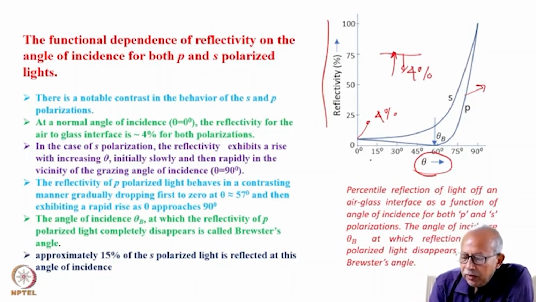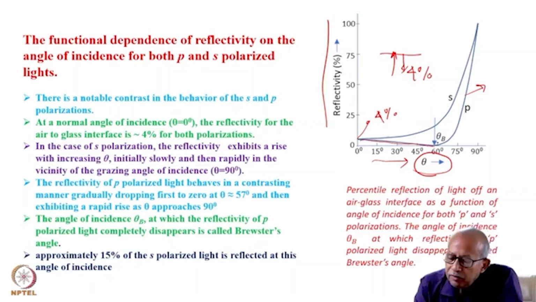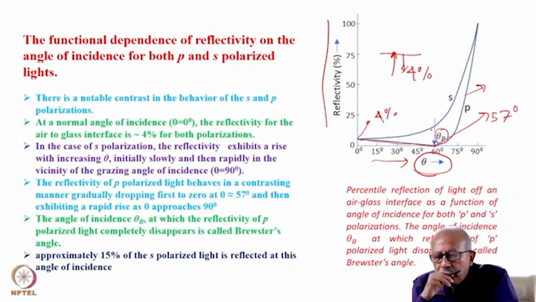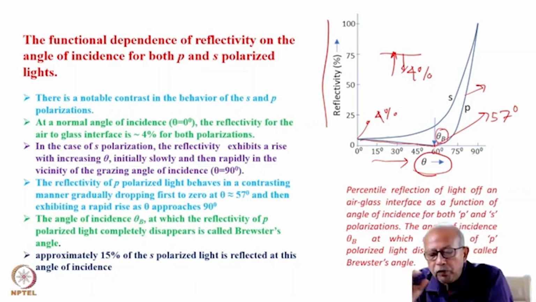However, as you increase the angle of incidence, the reflection for P polarization monotonically decreases until it reaches a value 0 at an angle which is actually 57 degrees. This angle is called the Brewster angle of incidence, theta b. So at Brewster angle of incidence, the P polarization shows 0 reflection, no reflection.